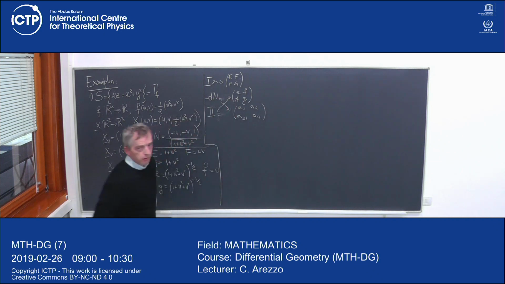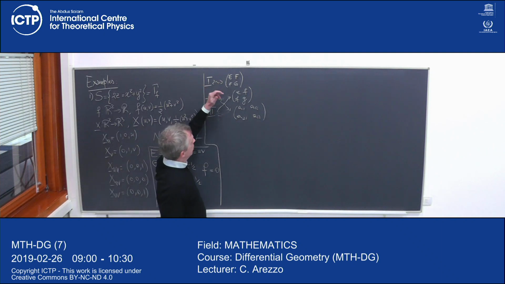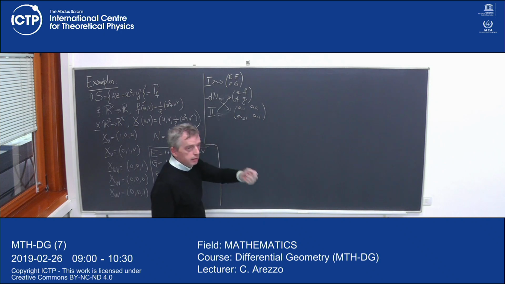But strictly speaking, if I want to know right now which are the principal curvatures, I should diagonalize this matrix, which is quite horrible to do. So I instead prefer to compute mean curvature and Gauss curvature with the formula we got, and then reconstruct k1, k2.